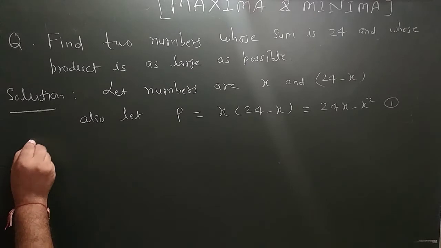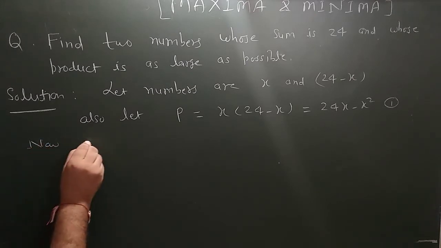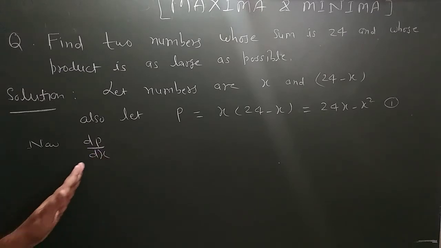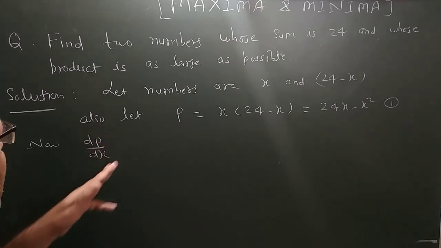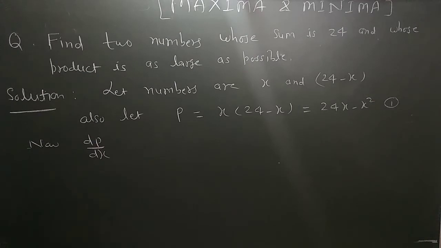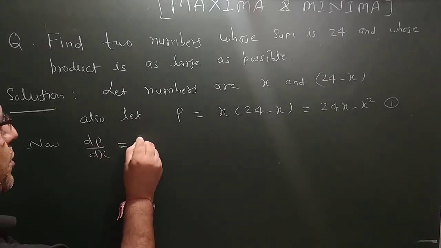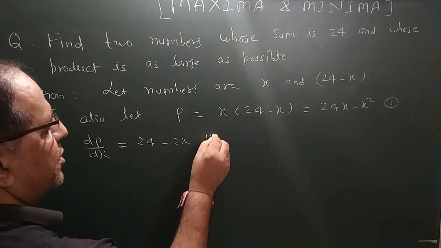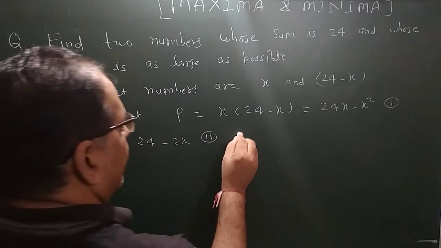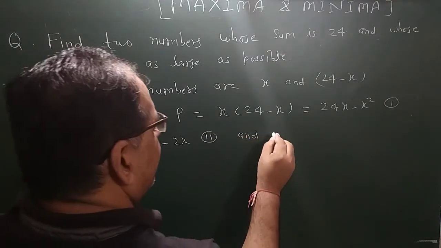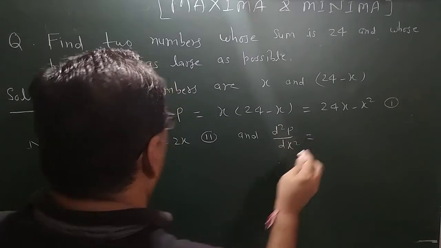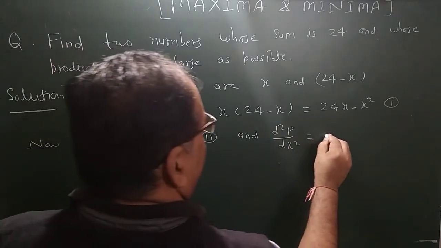Now dp over dx, the first step of the algorithm of the second order derivative test: find the derivative of P. We have now 24 minus 2x. This is equation number 2, and together we take d2p over dx square. Also find the second order derivative. Again, this is minus 2.